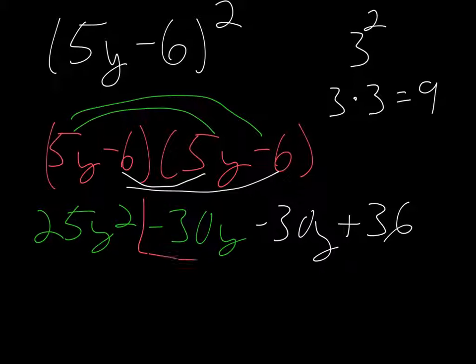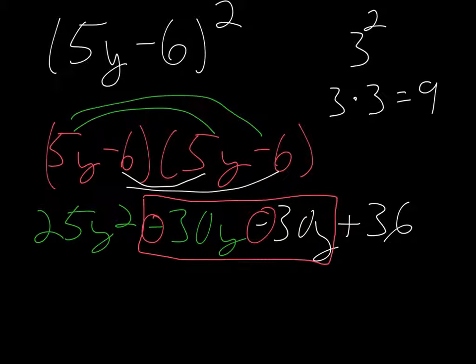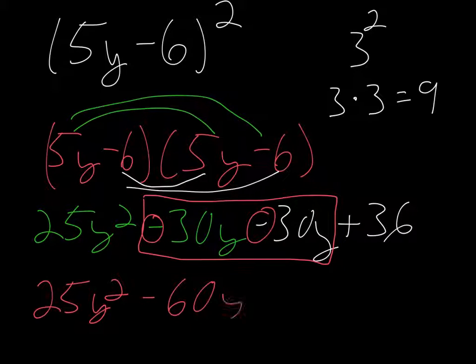I got a negative 30y and another negative 30y. Those don't cancel because they're both negative. To cancel, one of them would need to be a plus sign. So because they are both negative, I'm going to have to combine them. So I keep my 25y squared. When I combine my negative 30y's, that would be negative 60y. And then just bring down your plus 36.